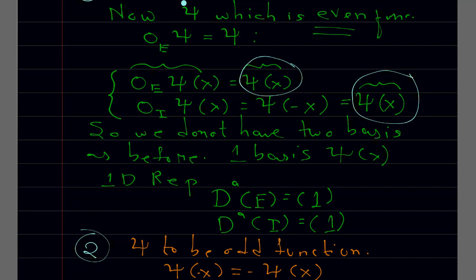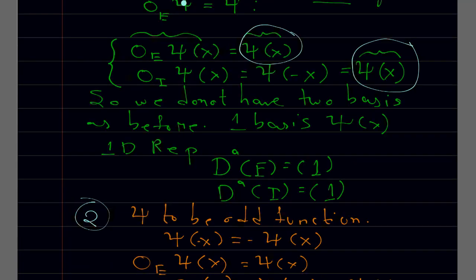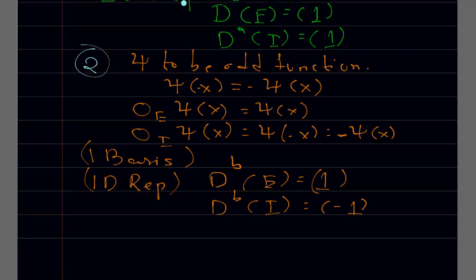Psi of minus x doesn't exist in fact when psi is an even function, because psi of minus x is also psi of x. The same thing happened here. Psi of minus x doesn't exist because it is minus psi of x, so you get psi of x again. So the second one, which existed before independently, because of our new constraint of psi being even or odd, the second psi of minus x is not linearly independent. You understood the word linearly independent? Yes. Or we will come to all this.